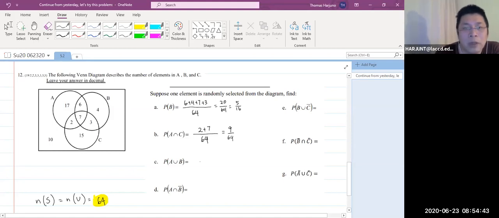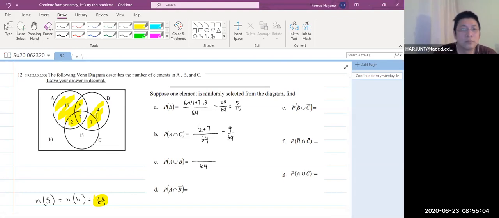How about the probability of selecting somebody in A or in B? Again, we still select from that whole Venn diagram. Okay, it's either in A or in B. So either A, which gives us 17 plus 6 plus 2 plus 7.